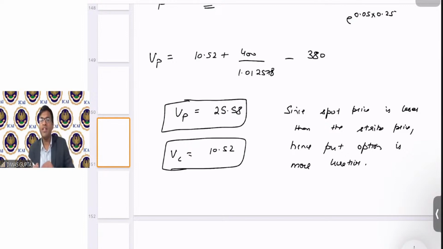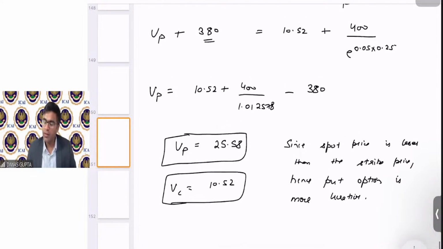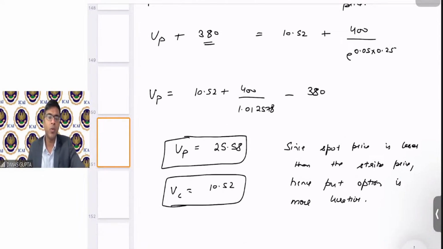Correct? It is more beneficial as of now because the strike price is 400 and the spot price is 380. So hence put option is better compared to the call option. Okay, students? I hope this is clear.